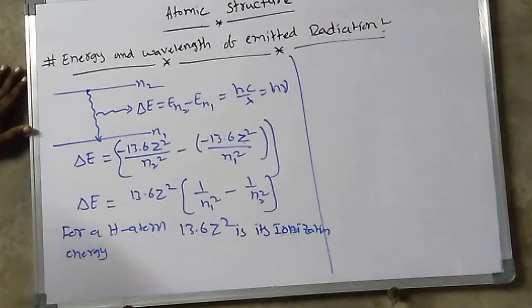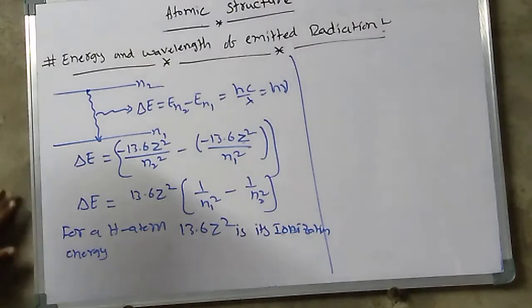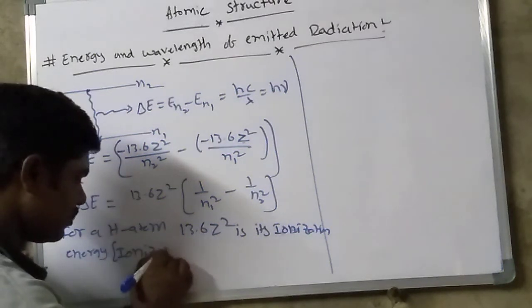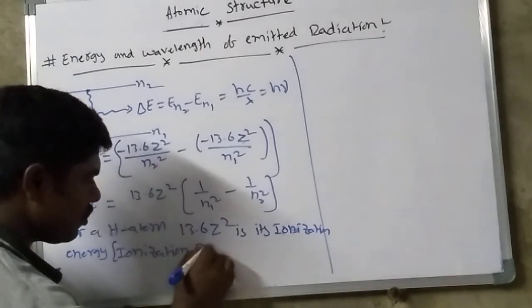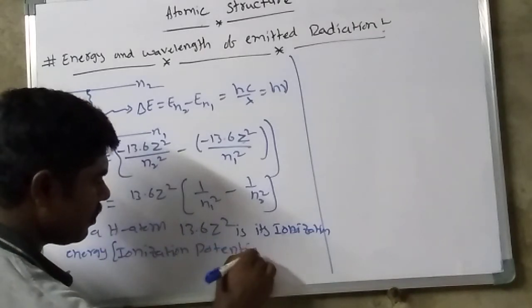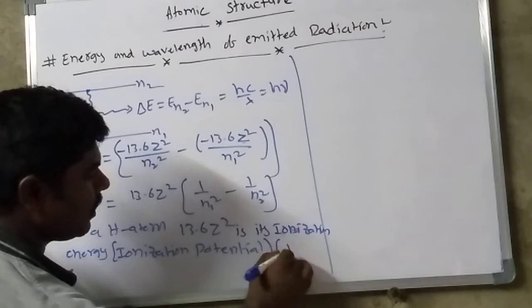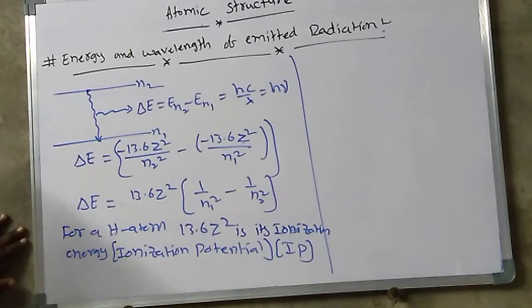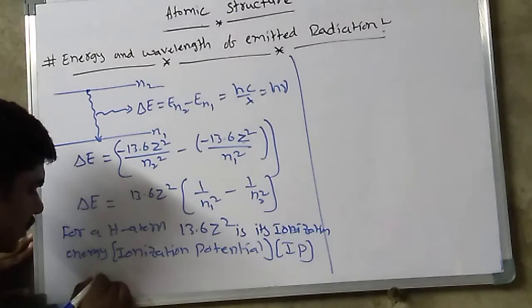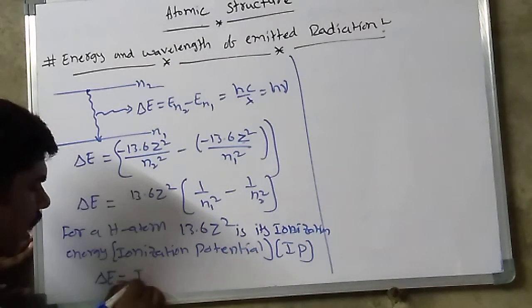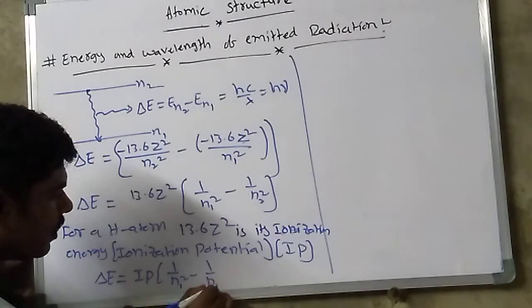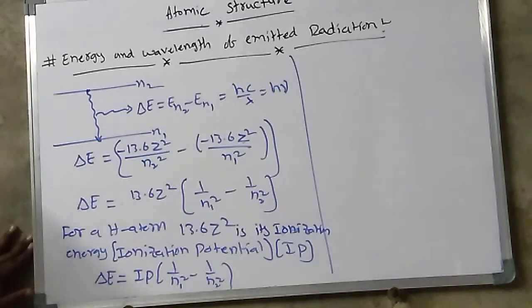This ionization energy, another name is ionization potential, denoted by the letter IP. That's why the change in energy is equal to IP into 1 by N1 square minus 1 by N2 square.